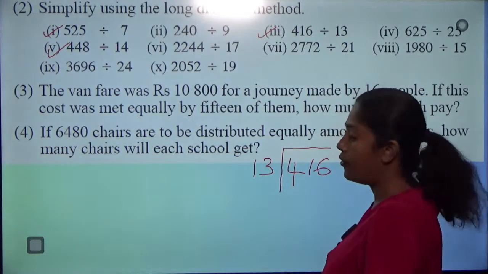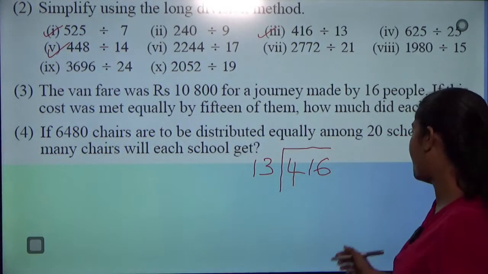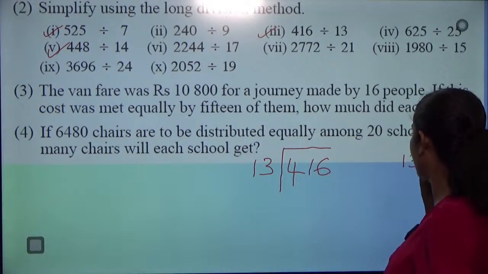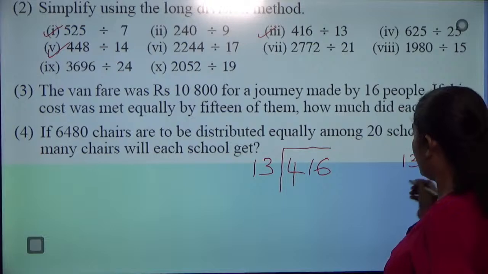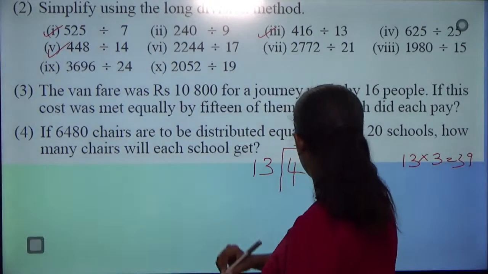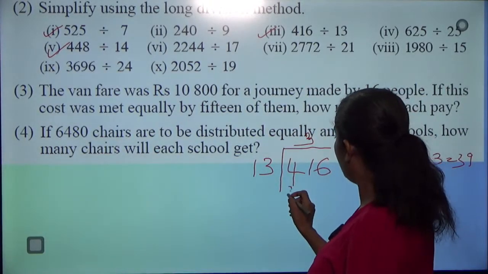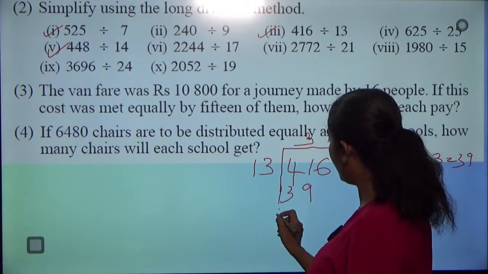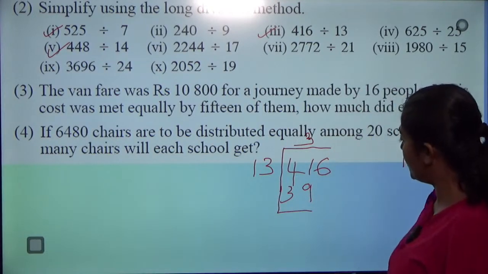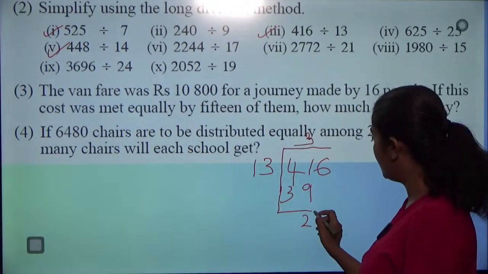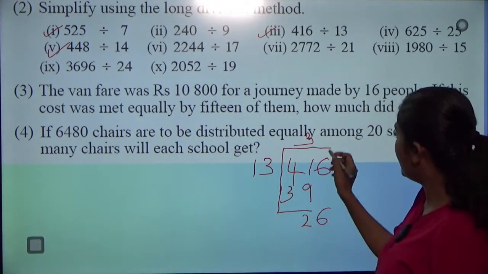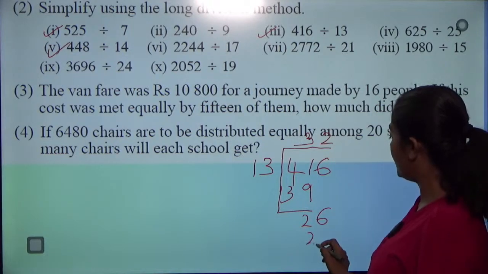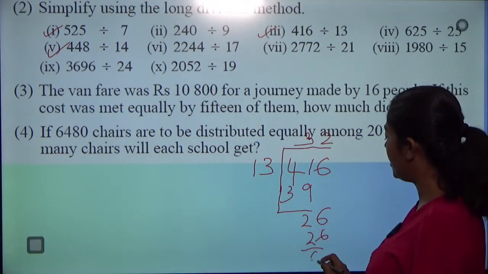For 41, how many 13s are there? 3. Yes, 39. Then we write 3, 39. Subtract: 41 minus 39, answer is 2. Then take this 6 down for 26. 13 into 2 is 26. Then the answer is 32.